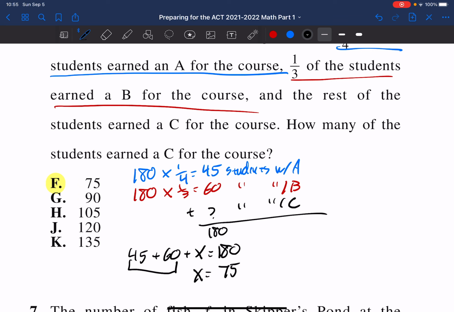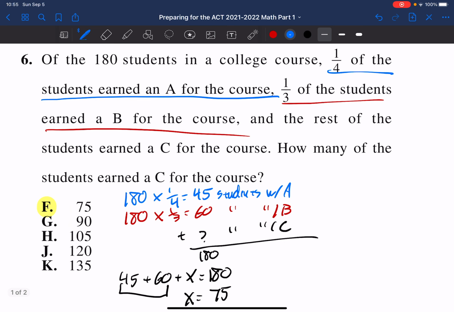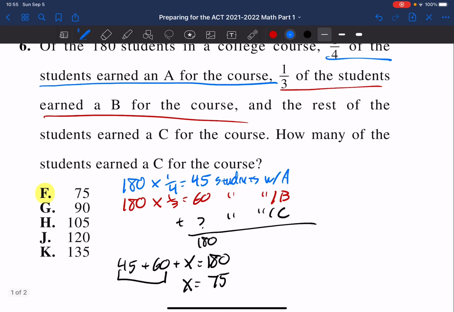What some other students may try to do is say, okay, 1/4 of the class earned an A, 1/3 of the class earned a B, so what's the fraction of the class that earned a C? So let's draw a line, let's do it separately. We have the whole class, so we'll say that's a 1, minus 1/4 minus 1/3. Now, whenever we add or subtract fractions, we have to have a common denominator.